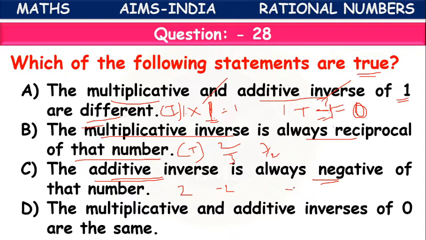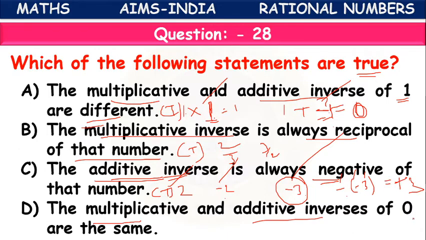If we have -3, we take minus of -3, which equals +3. So additive inverse means we always take the negative. These are also true.